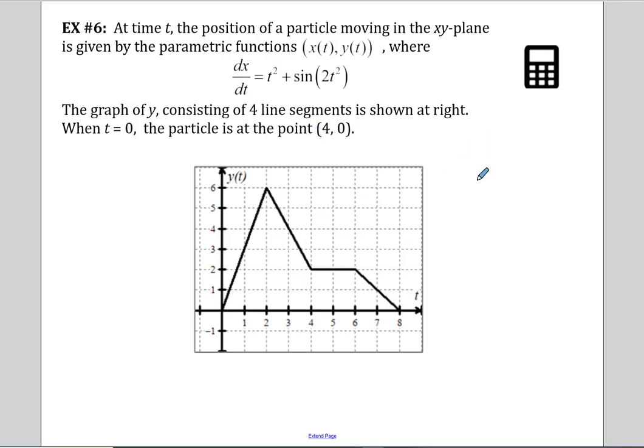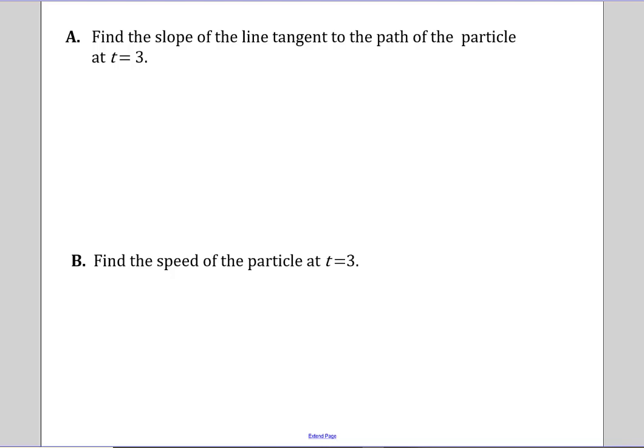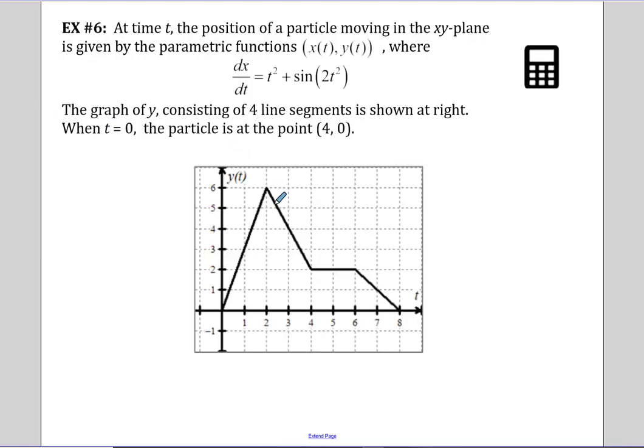Okay, so we want to find the slope of the line tangent to the path of the particle at t equals 3. That's part A. So at t equals 3, the slope looks like it's -2.